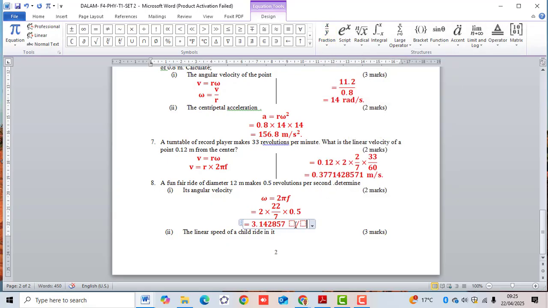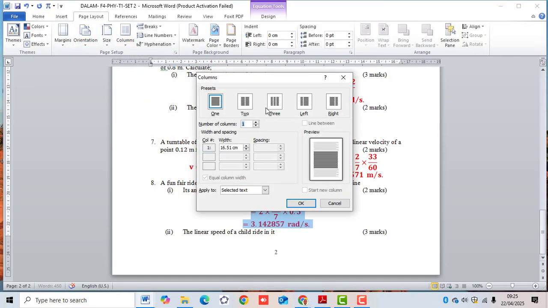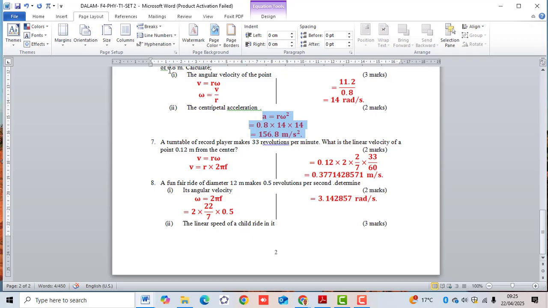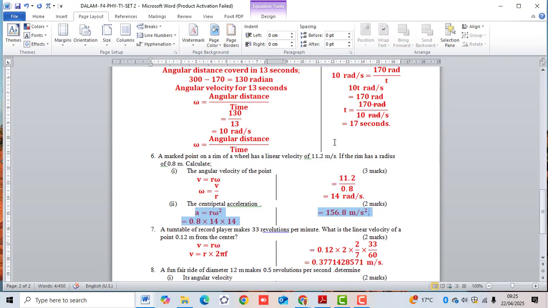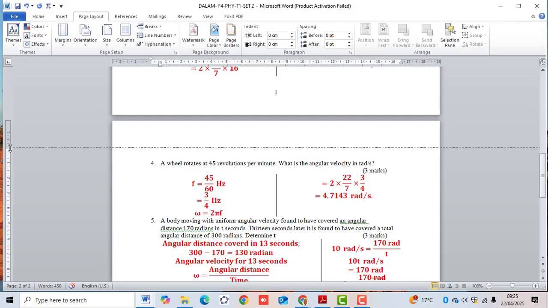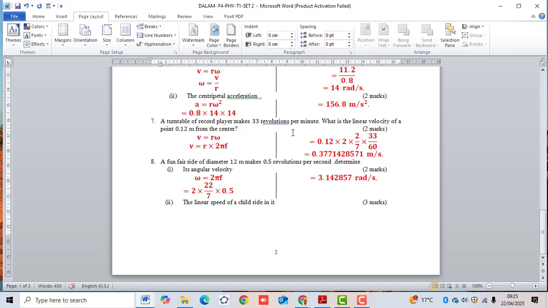Rad per second. Very good. Rad per second.